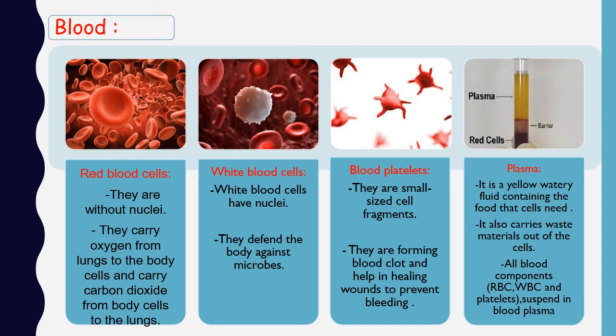Yes. It carries waste material out of the body cells and carries digested food to the body cells. Now you can observe all blood components, red blood cells, white blood cells, and blood platelets, suspended in blood plasma. All of them are suspended in this plasma.